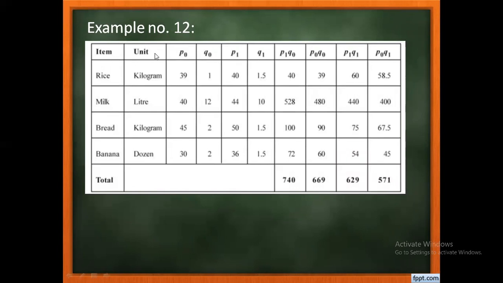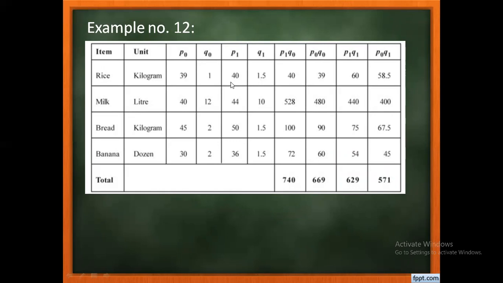So item and unit are already given, P0, Q0, P1, Q1. So up to this is your question, right? For Laspeyres, we need P1Q0 and P0Q0. So first we'll calculate P1 into Q0.